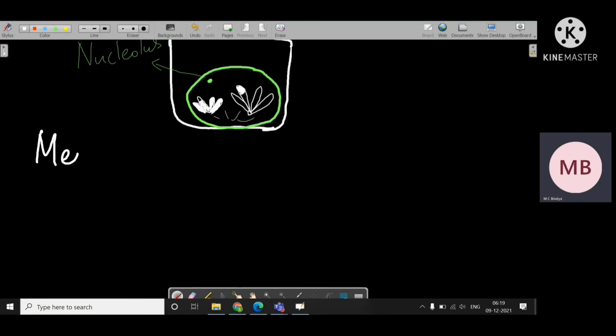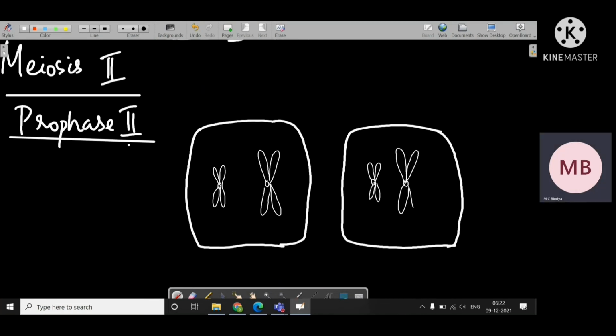Next is meiosis 2. So meiosis 2 is somewhat like mitosis itself, and it starts with prophase 2.